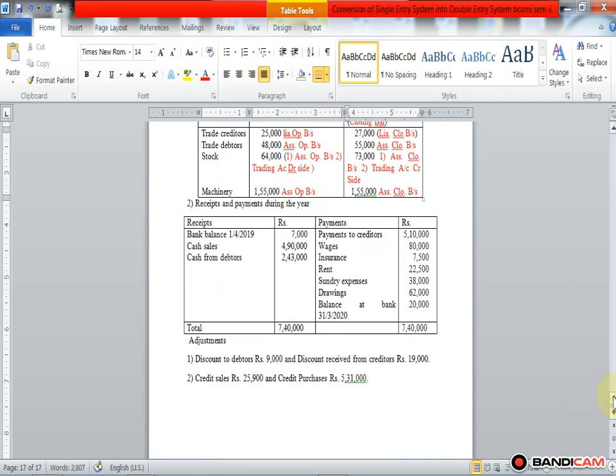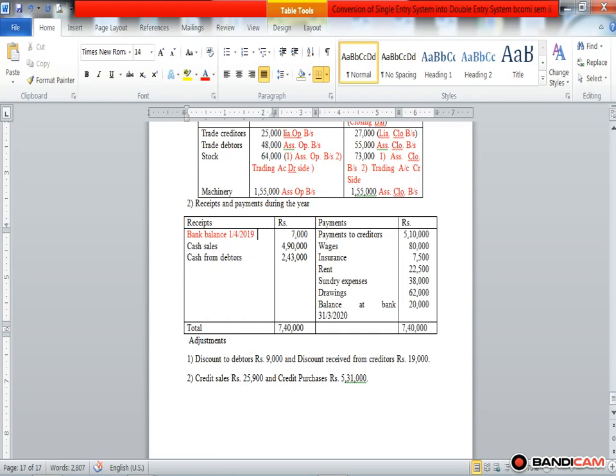Then the second part, receipts and payments during the year. Here the receipts from and payments to respective parties are given during the year. So here is the opening bank balance on 1st April 2019, also called opening bank or cash balance.